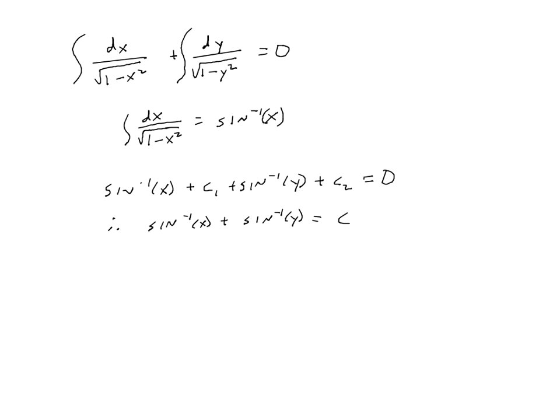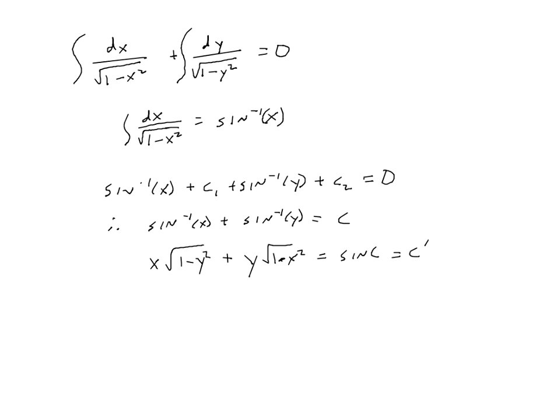Now you could take it further, and you could take the sine of both of these, and use trig identities and everything else, and I think you'll get something like x square root of 1 minus y squared plus y square root of 1 minus x squared is equal to the sine of c, which is just equal to some other constant.